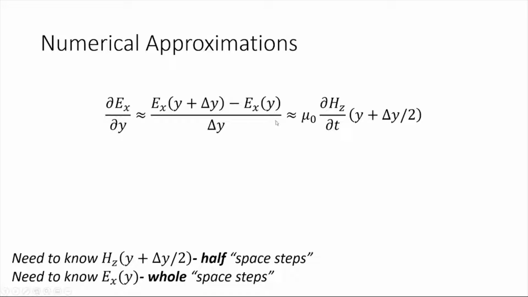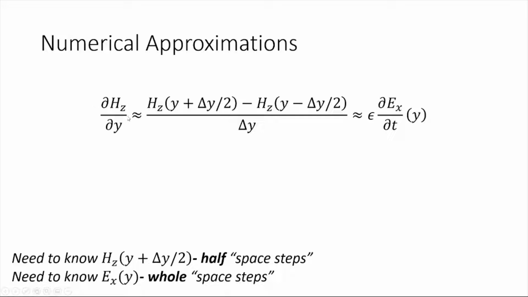And again, this derivative is centered at y plus delta y over 2. Again, just trying to hammer this in, because this whole grid and half grid thing is very important in FDTD. So this formula tells us that we need to know Hz at these half space steps, and we need to know Ex at the whole space steps.